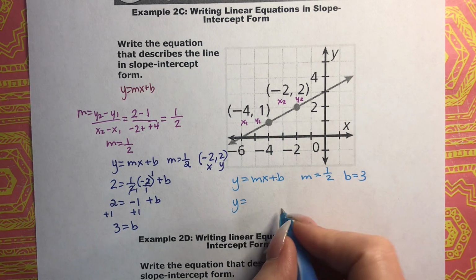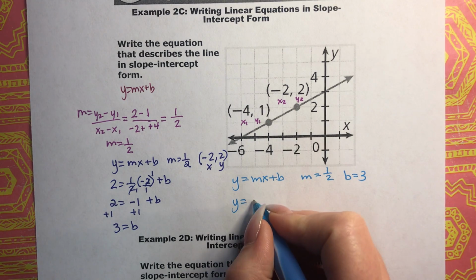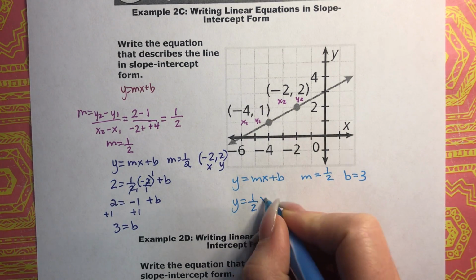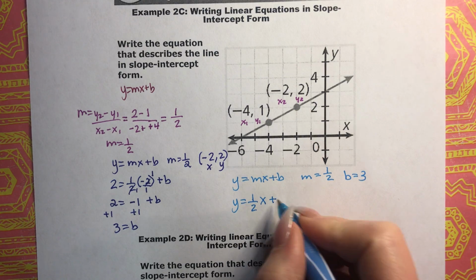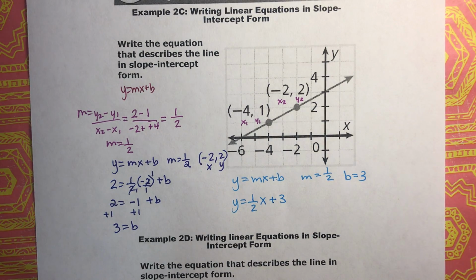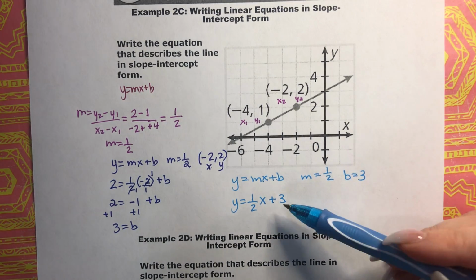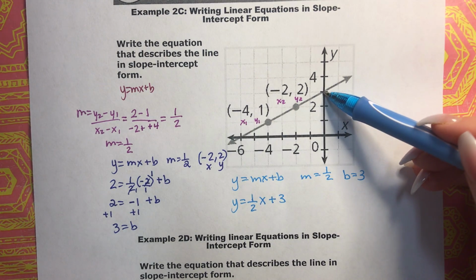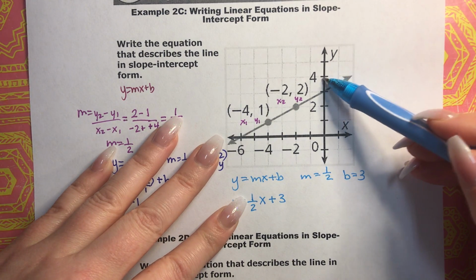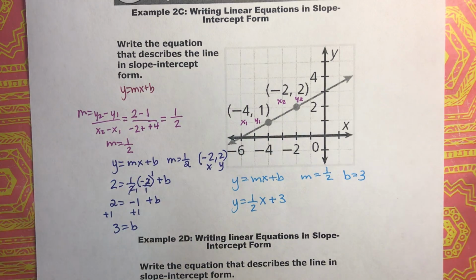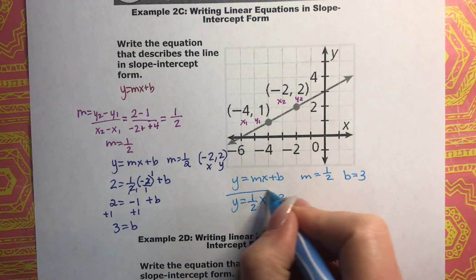And I get the slope goes in here for m, 1/2 x plus 3. And you can see here, there's my y-intercept, 1, 2, 3, and my slope, I could go up 1 over 2, 1, 2, and there you have it. So this is my equation right here.